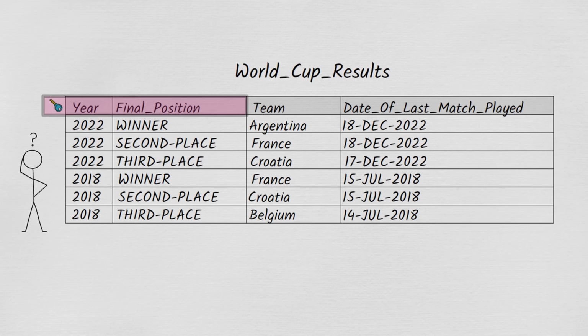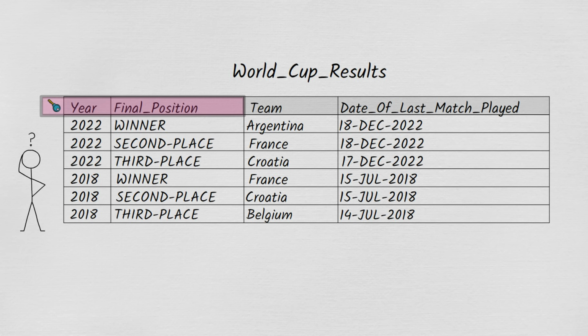This shouldn't be hard. Normal forms are about flagging up redundancy, so look for redundancy. Maybe it's about dates appearing more than once. Date of last match played is the same for the winning team as it is for the second place team, which makes sense because the last match they played would have been against each other. Where does that get us?